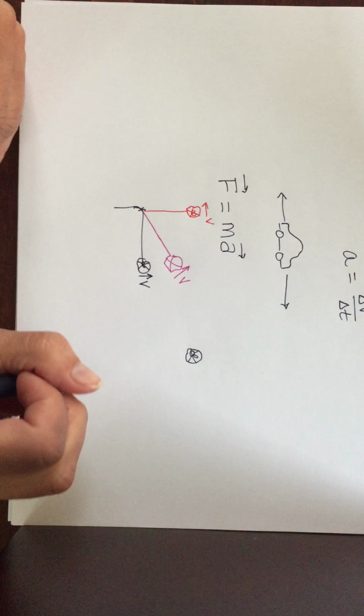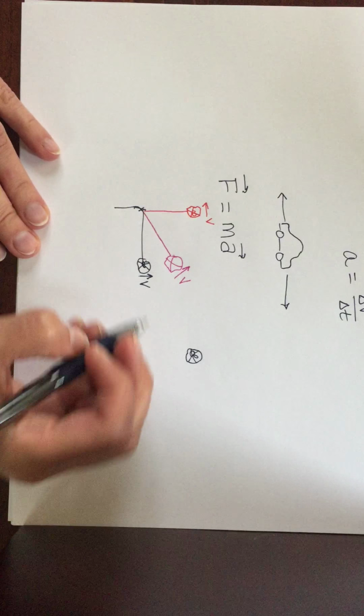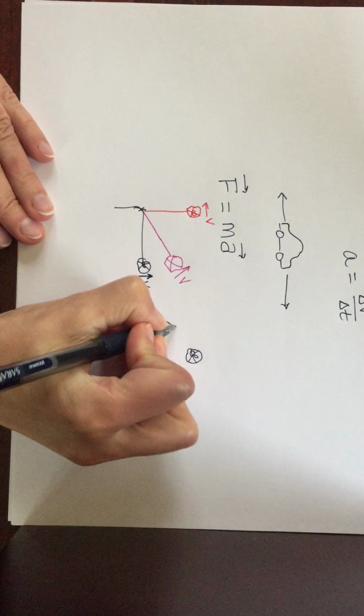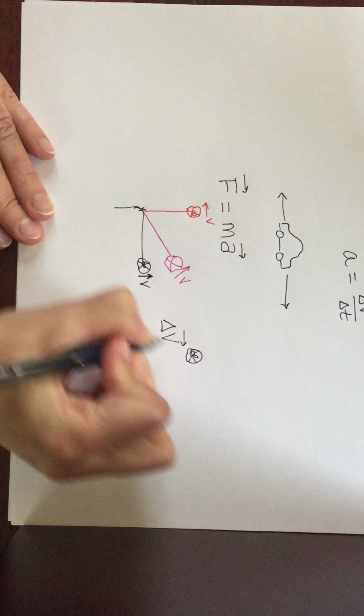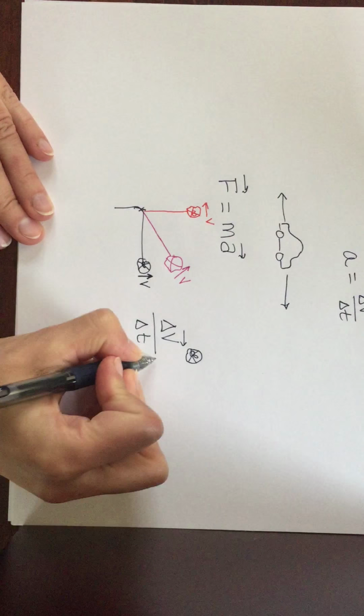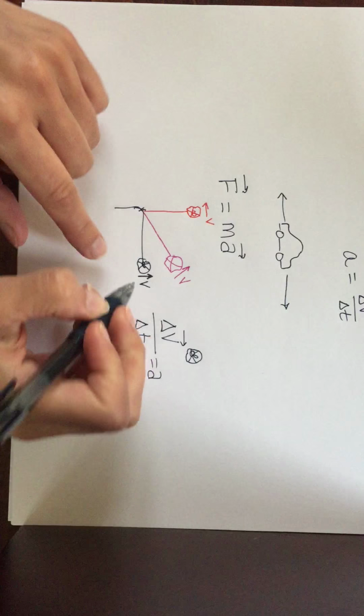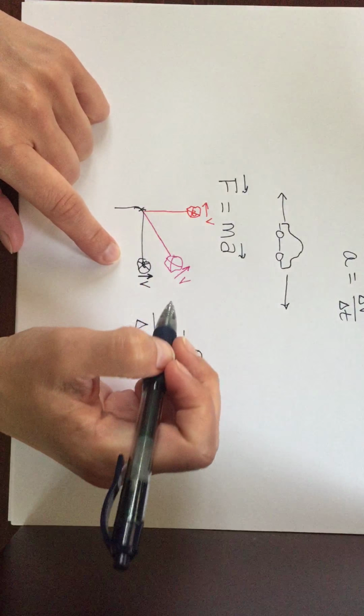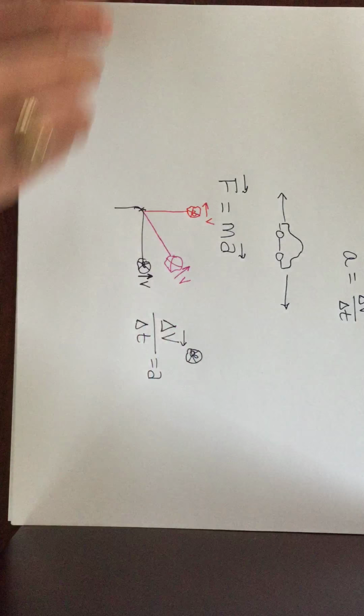So if you remember about adding and subtracting vectors, if I take this little velocity vector here and I want to find the difference in the velocity vector in a given amount of time as its acceleration, I would take this velocity vector and I would subtract the other velocity vector, or you could do it the other way.